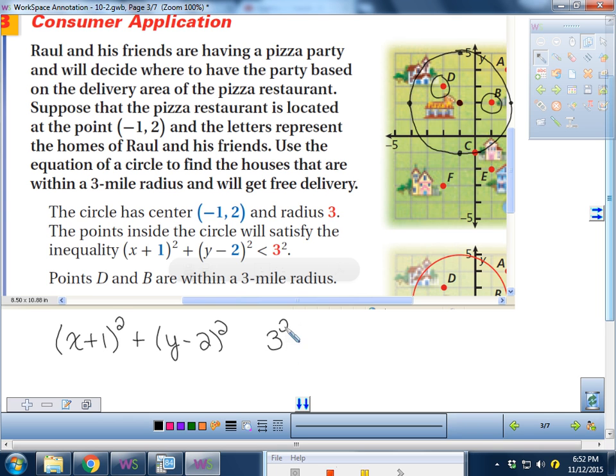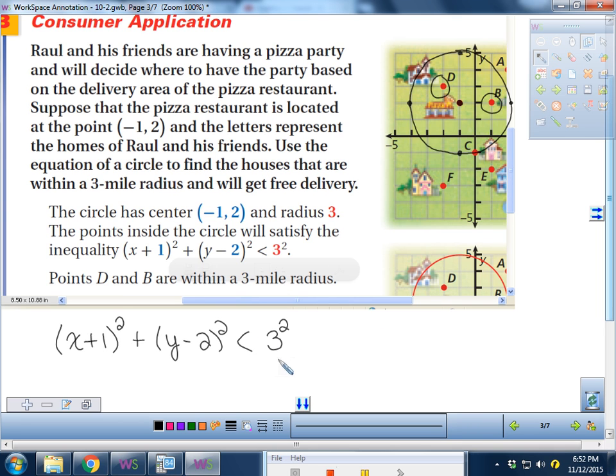The reason I didn't put an equal sign is because I need to know if it's less than or greater than, since I want everything inside the circle. Inside the circle is less than, outside the circle is greater than. So I would do less than.